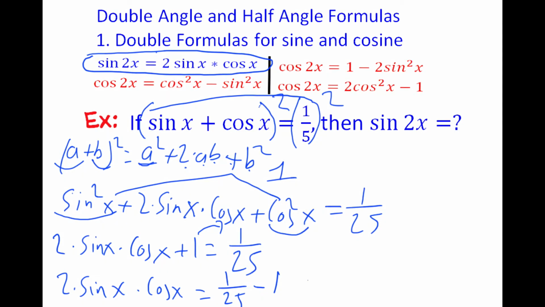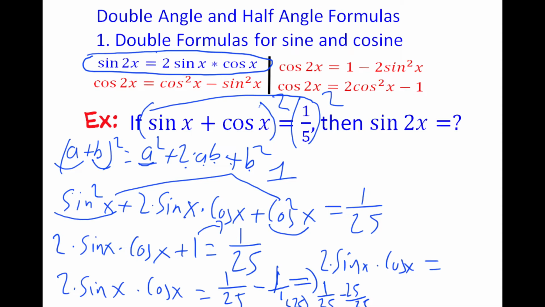Anyway, from here, guys, on the left, we have 2 times sine x times cosine x. On the right, we can write 1 as 1 divided by 1, right? And make the denominator the same, which means that we're going to multiply this one by 25. So it's going to be equal to 1 divided by 25 minus 25 divided by 25.